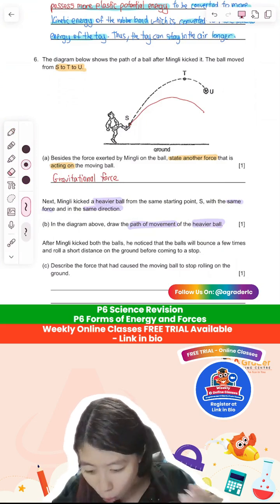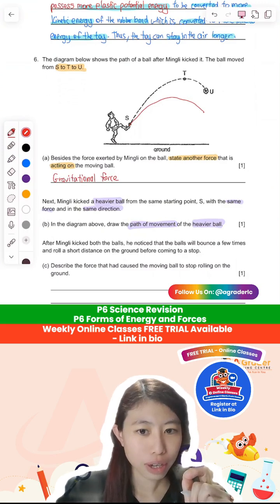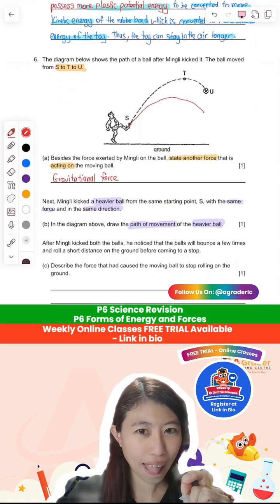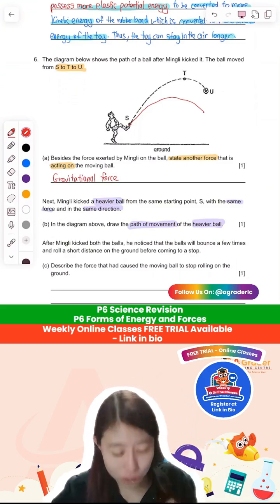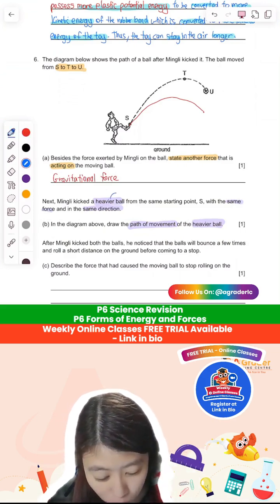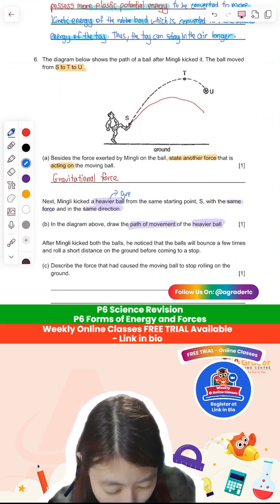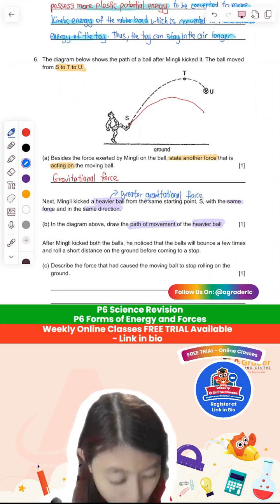Why? Because when the ball is heavier, mass affects what kind of force? Mass affects what kind of gravity? Very good. So everybody, please remember, when you use a heavier ball, there will be a greater gravitational force acting on the ball.